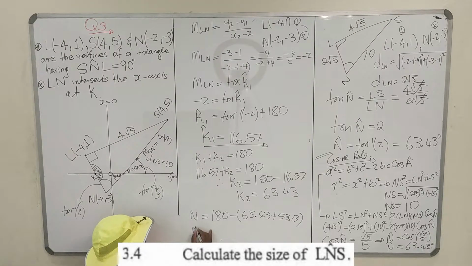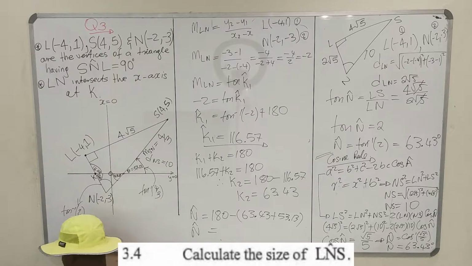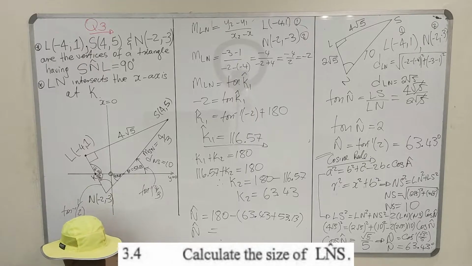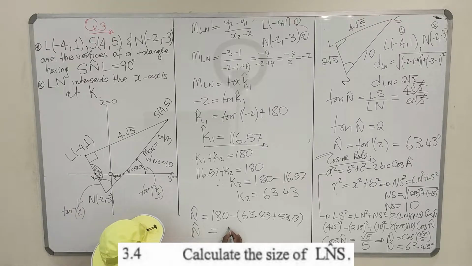So your N is equal to 180 minus that. So 180 minus 63.43 plus 53.13, you get that your answer is 63.44 degrees, which is the same.